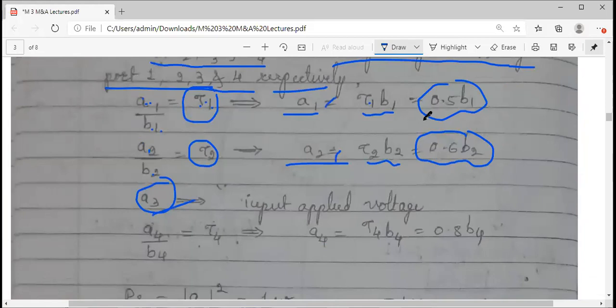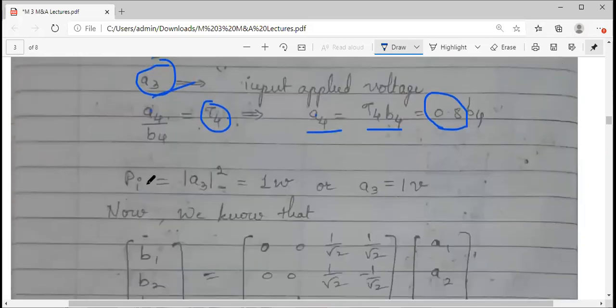Here A1, A2 we have taken in terms of reflection coefficient, but A3 is directly given as the applied value in terms of power, which is 1 watt. And similarly, tau 4 is given, A4 by B4. So A4 is equal to tau 4 into B4, that is 0.8 B4. So these 4 things we have taken from the given data.